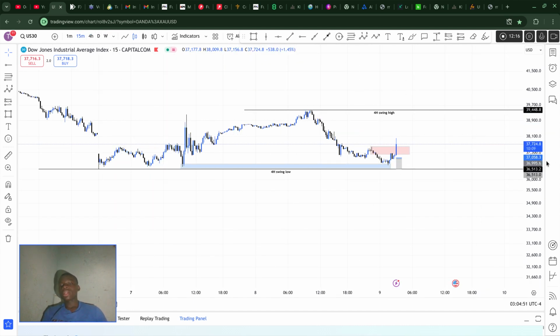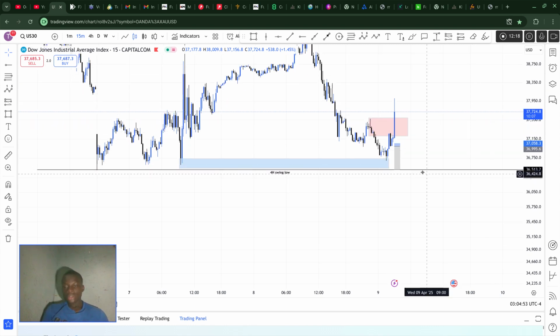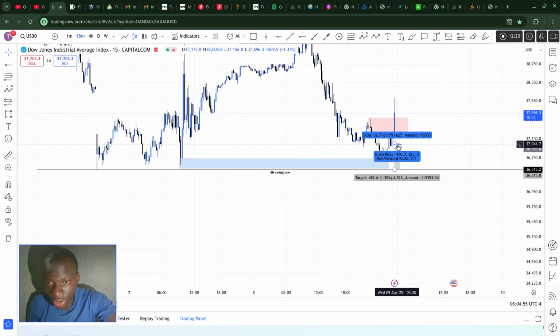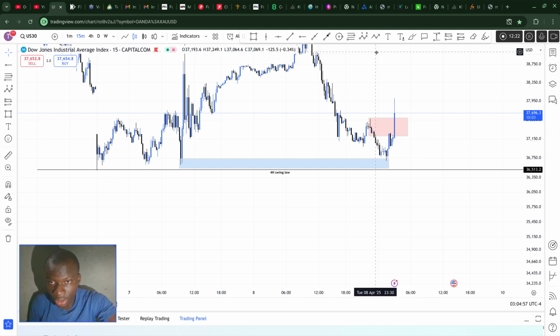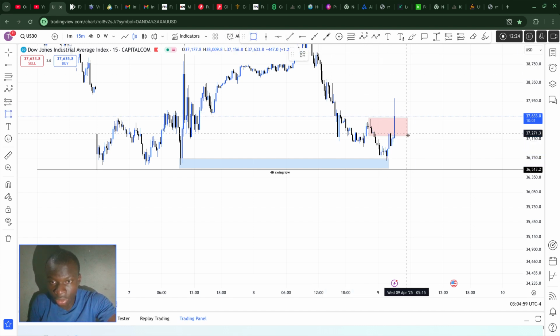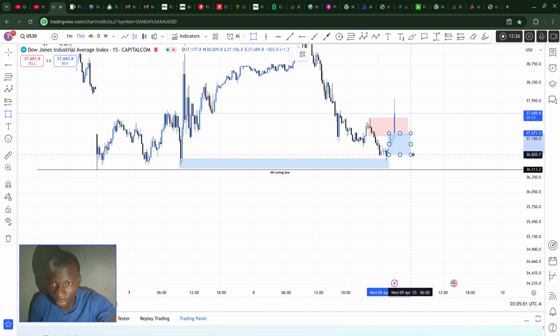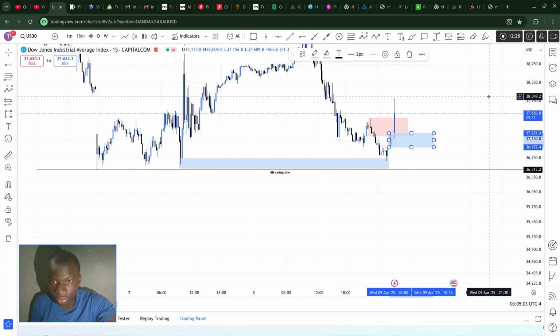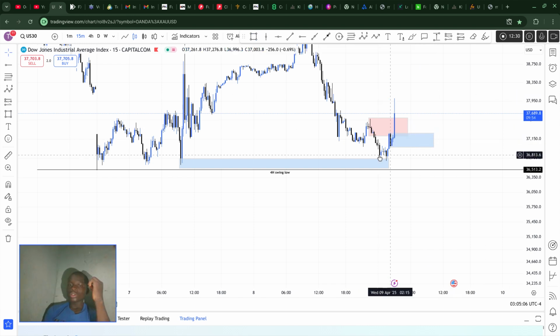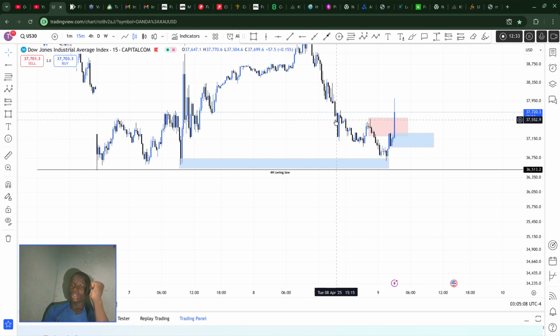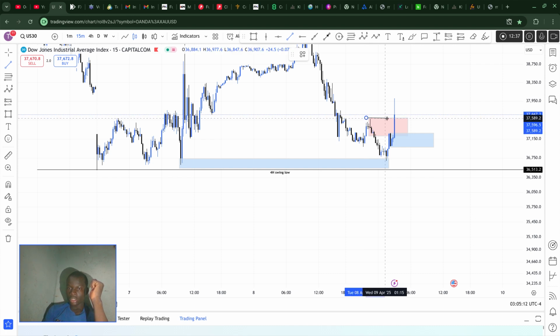So now since the market changed trend, we expect this to be our point of interest because we changed trend already. We change trend. You have that TC here.